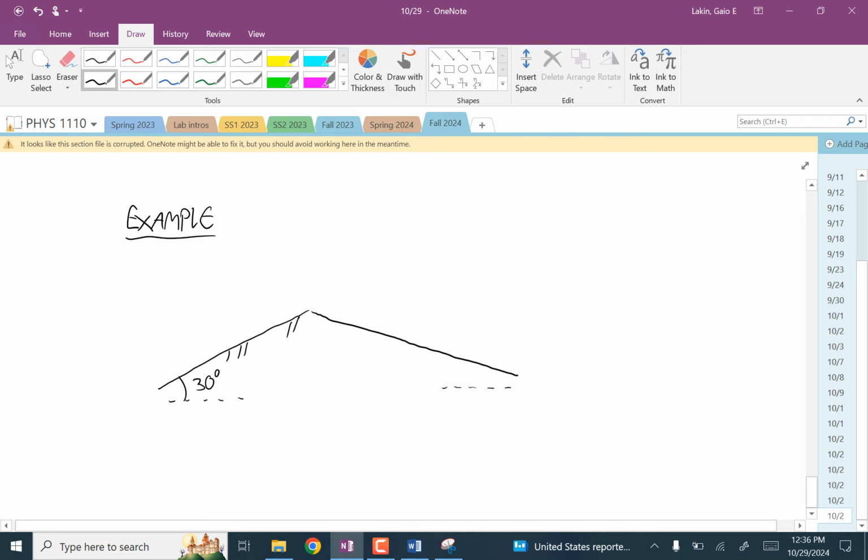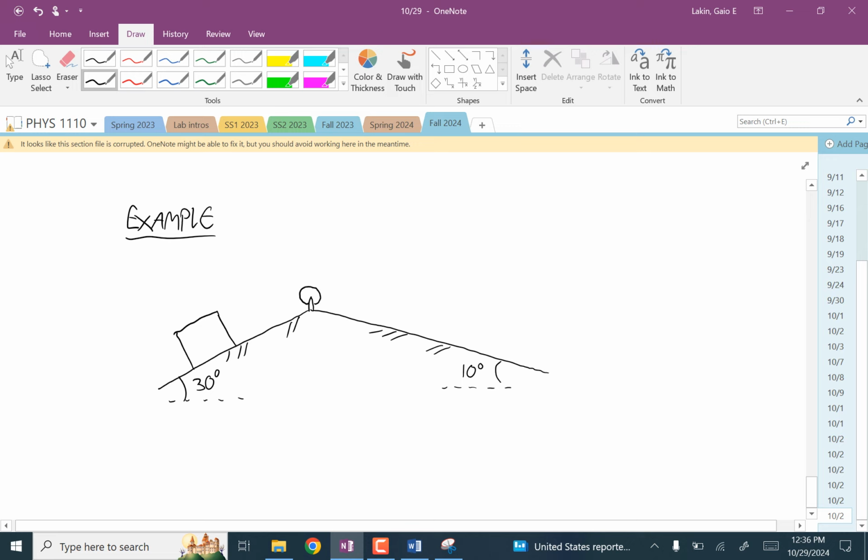Okay, so let's say we have an angle of 30 degrees on one side and an angle of 10 degrees on the other side. And we have a pulley in the middle.